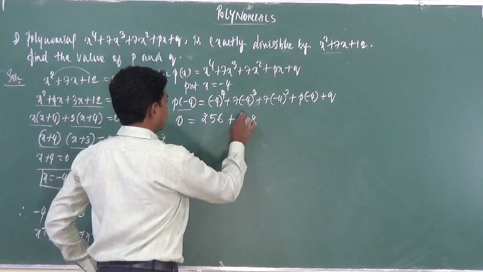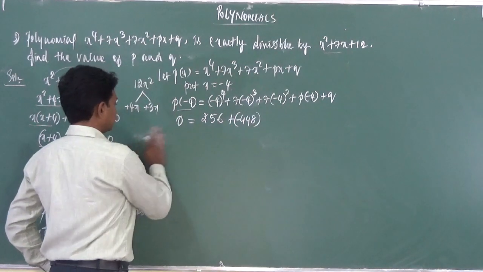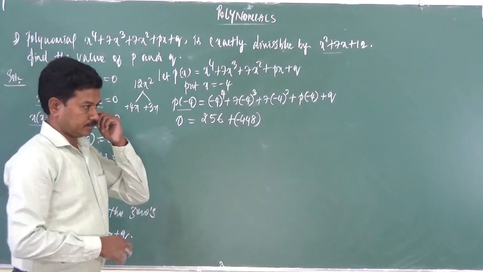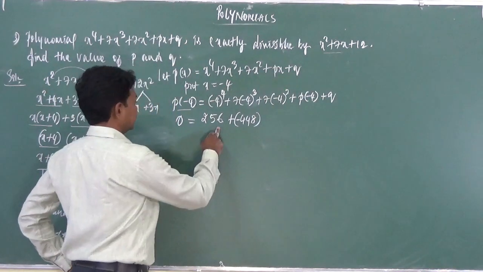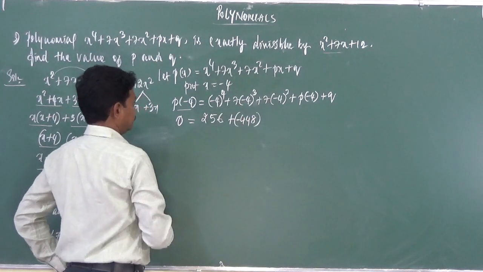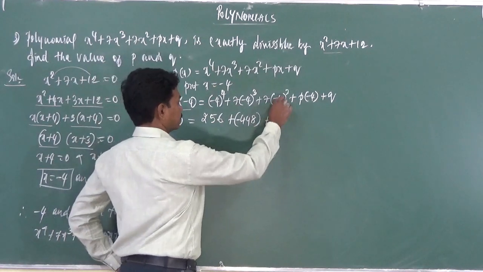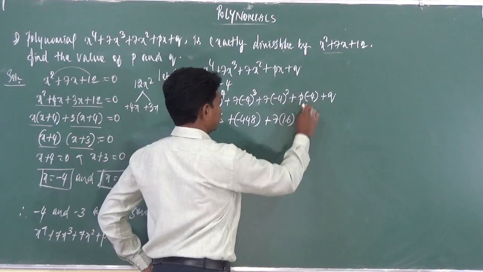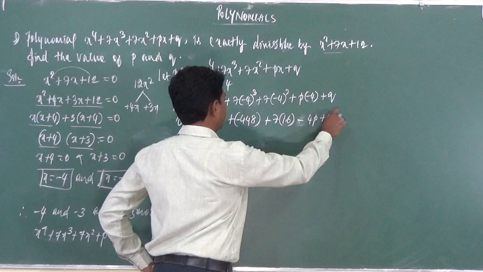That is minus 448. We have to be very careful here. 16 into 16, plus 256. So minus 448 plus (minus 4) whole square is 16 into 7, plus minus p into 4 is minus 4p, plus q.